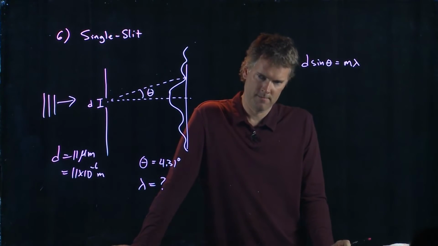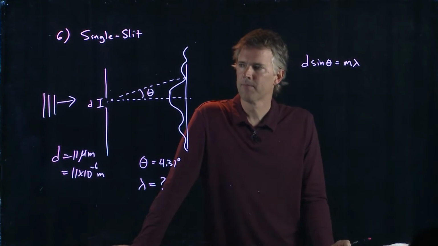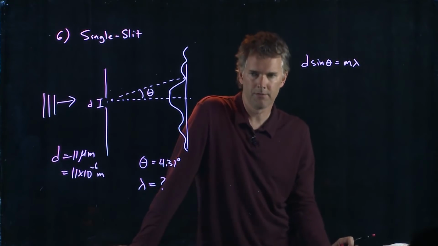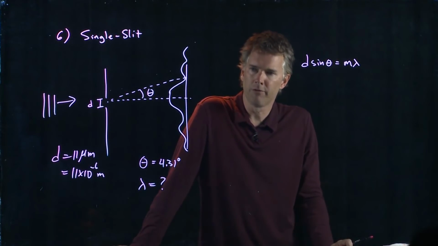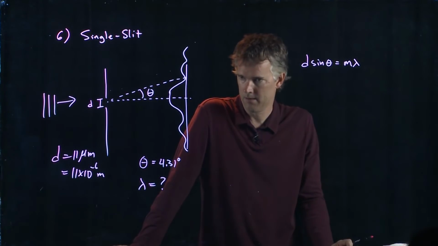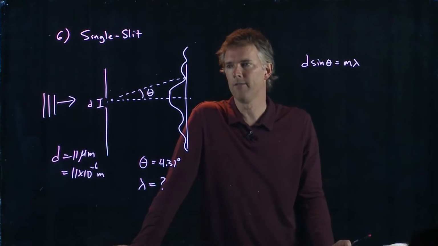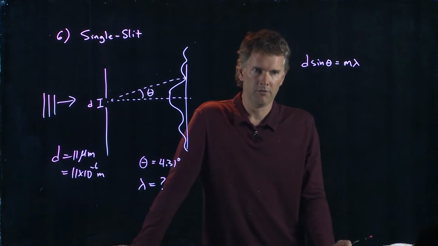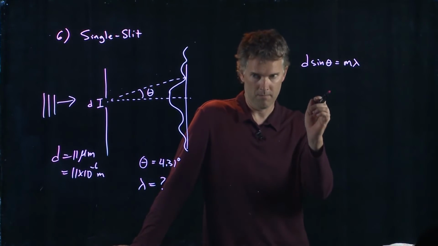Just the equation that we gave us. Okay. But we can solve it for lambda, can't we? But this equation that you just told me, that was for the bright fringe from a double slit, right? And now we have the dark fringe from a single slit. So is this equation the same, or is it something else?